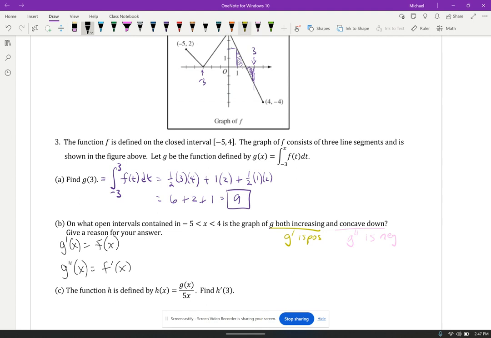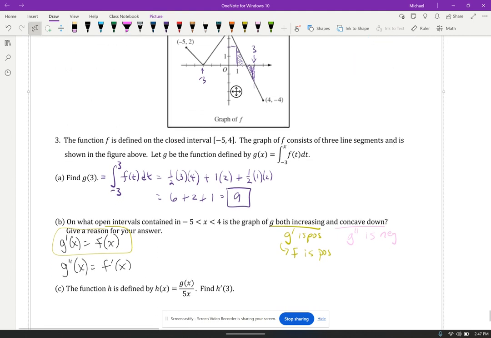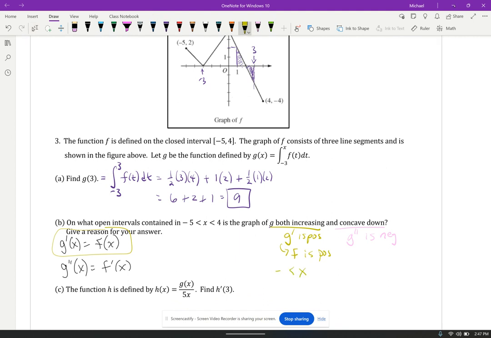But we just said over here that g prime is f. So another way to say that is, when is f positive? f is positive whenever this graph, which is f, is above the x-axis. So that's going to be from -5 all the way until 2. So that's true for x's that are between -5 and 2.